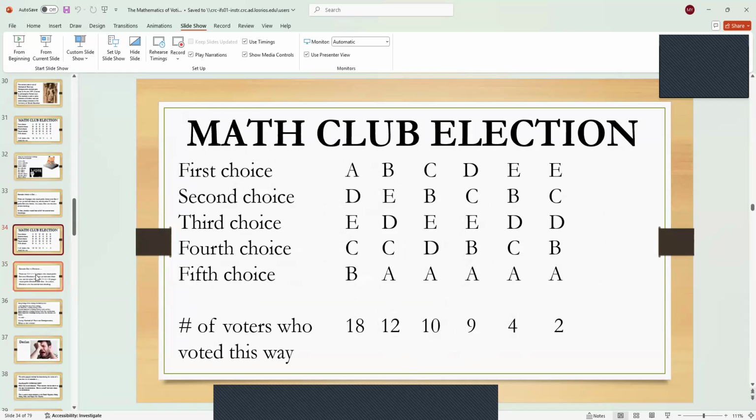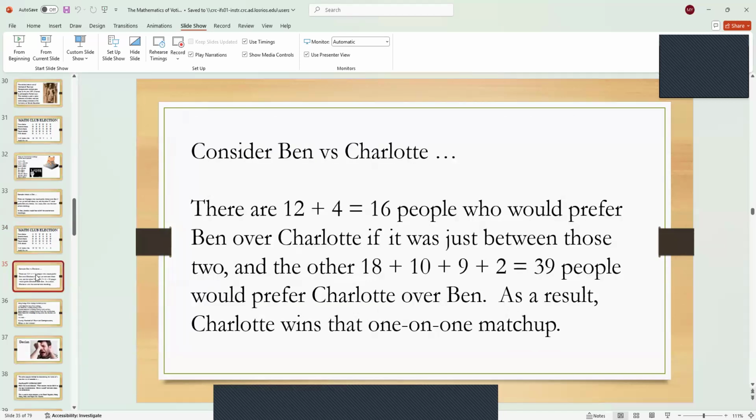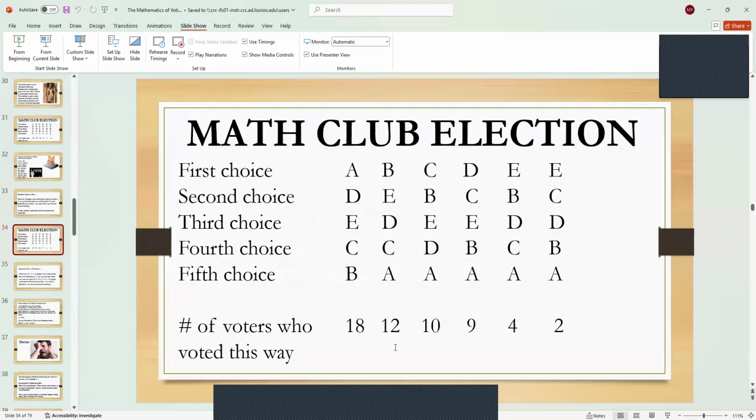But the other 39 people would actually support Charlotte instead of Ben. The other 39 people, when I say 39, it's these 18 in the beginning. They have Charlotte higher than Ben. These 10 in the third column have Charlotte higher than Ben.